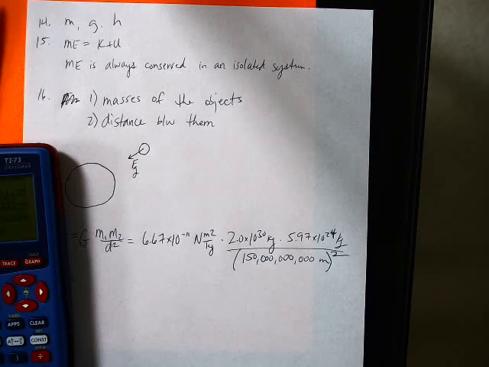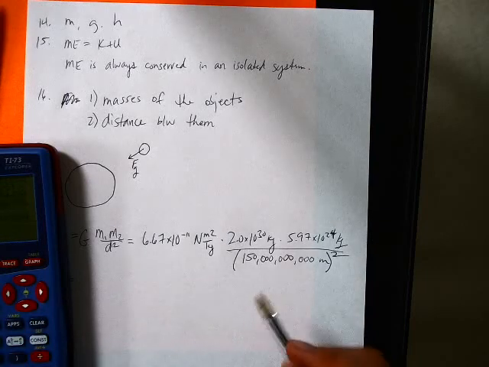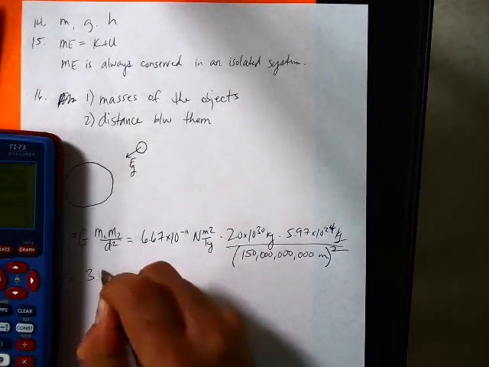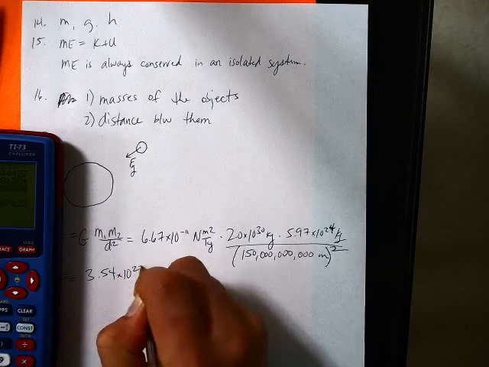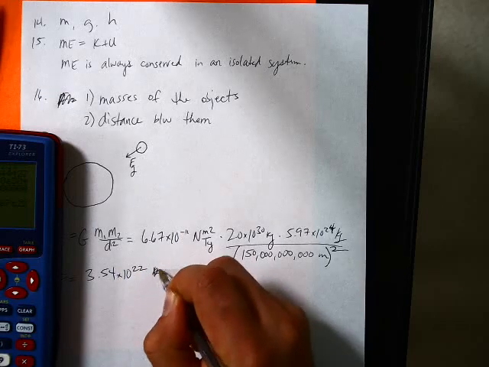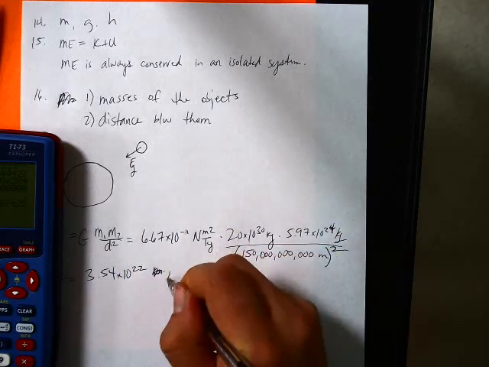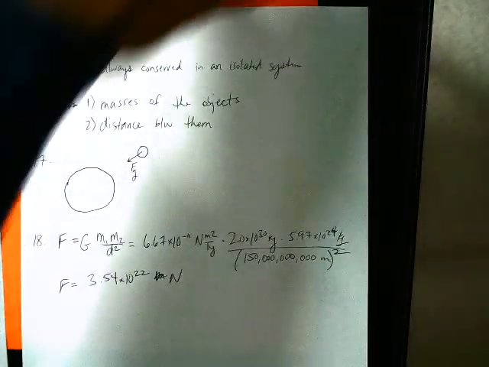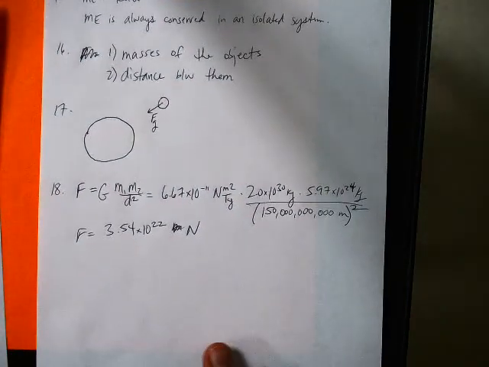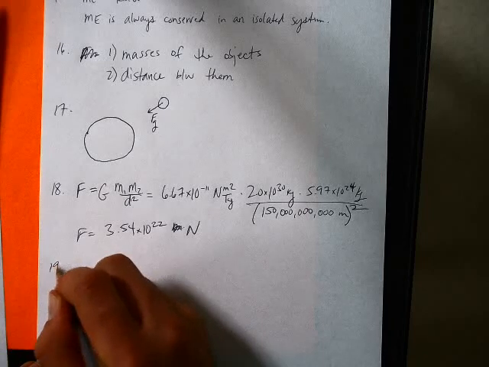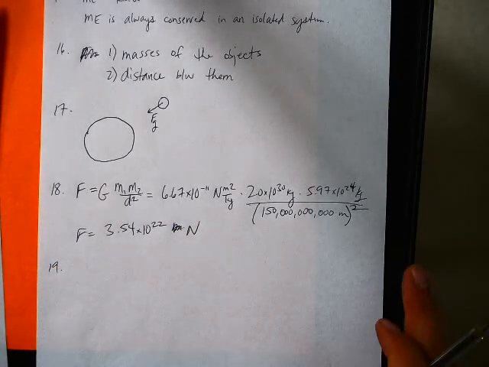I guess I could put that in scientific notation. We should get 3.54 times 10 to the 22nd newtons. That's a lot of newtons, but it takes a lot of force to keep the mass of the Earth from floating off.